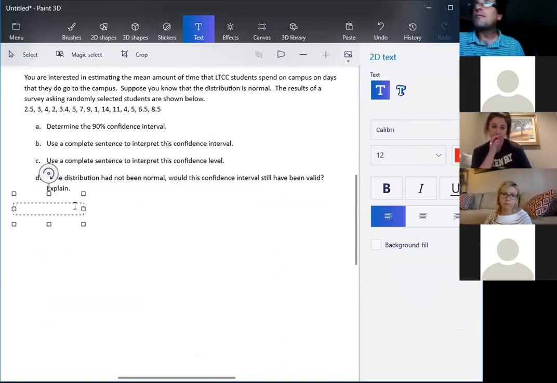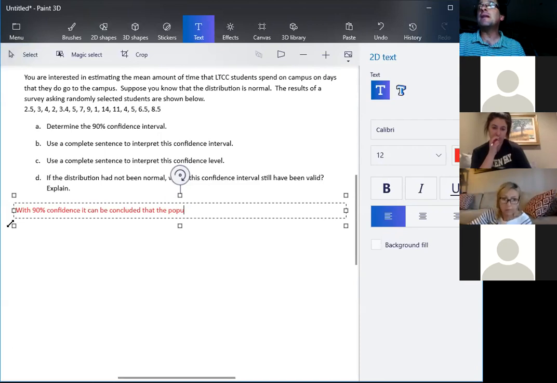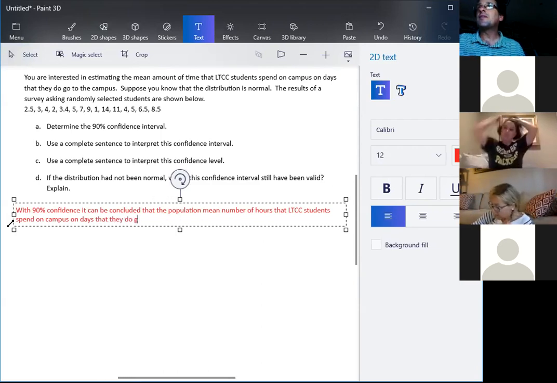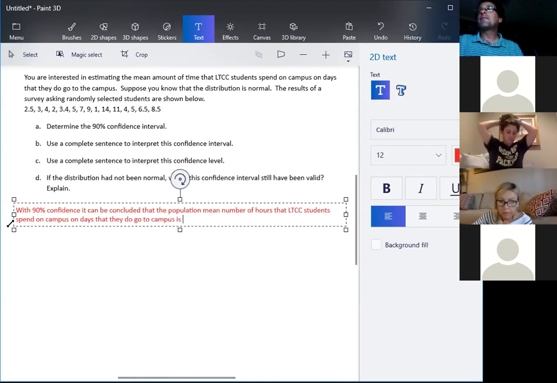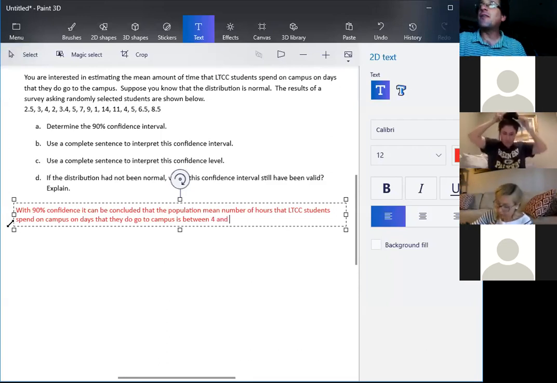So for part B, with 90% confidence, it can be concluded that the population mean number of hours that LTCC students spend on campus on days that they do go to campus is between 4 hours and 7 hours.